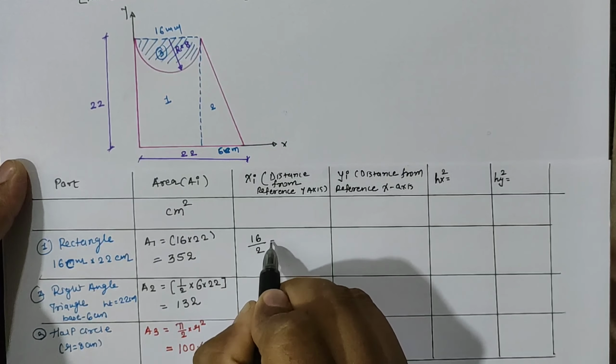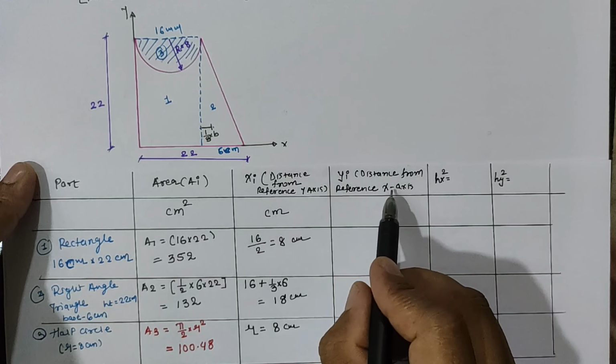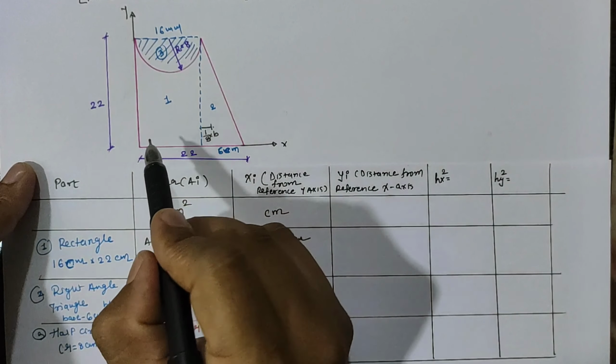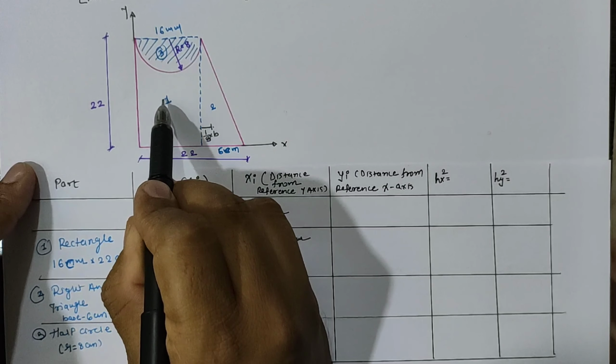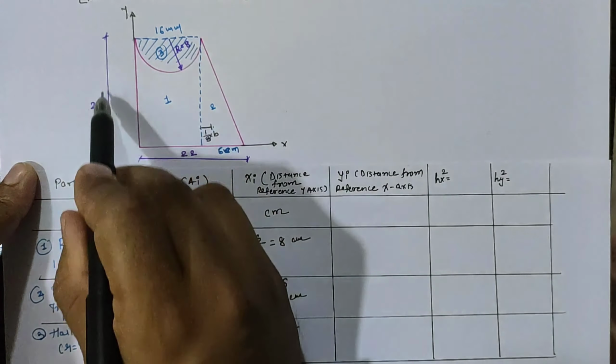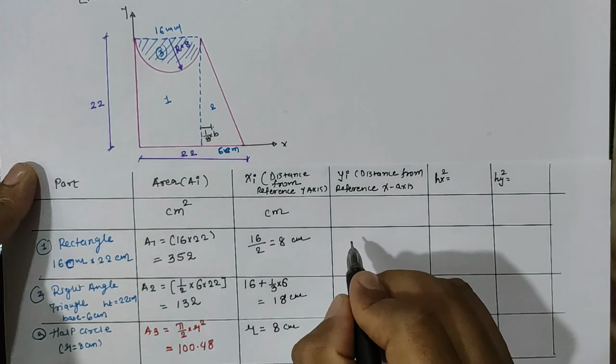Now going ahead for yi, and yi is the distance from the reference x-axis. So we have to calculate the CG distance from the reference x axis. For the rectangular section, it is exactly at half of the height, which is half of the depth, equal to 11 centimeter.